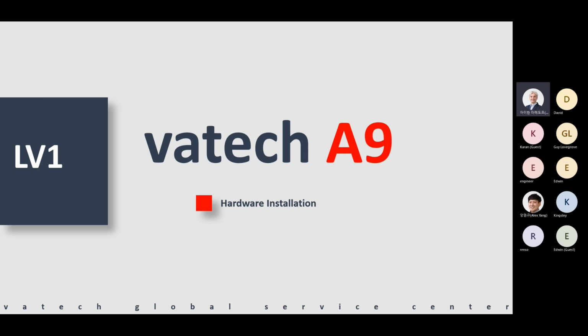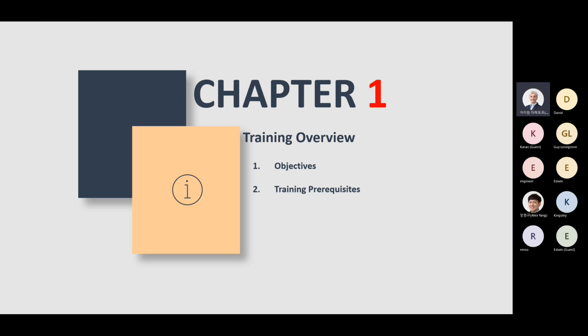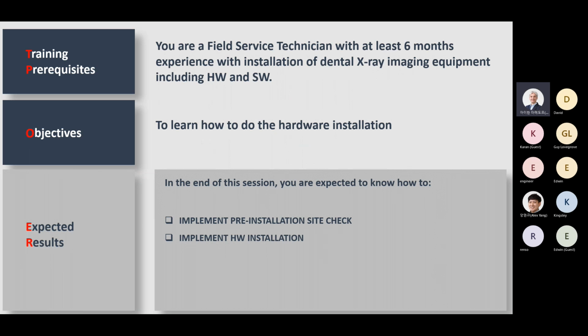Now let's go to hardware installation, which I assume most of you have already done, so you have experience in that. Because in order to attend this webinar, you need to have at least 6 months of experience.